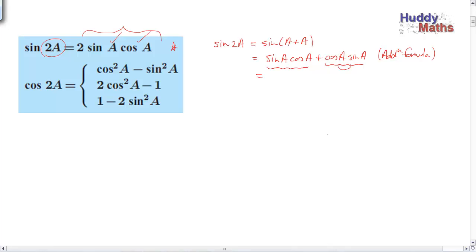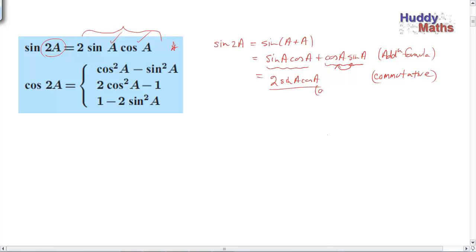Multiplication is commutative, remember. It doesn't matter which way around these two go. Multiplication is independent of the order in which you multiply things. It's commutative. Have you seen that word before? I hope you have. Commutative. Multiplication is commutative. So here we've got 2 lots of sine a cos a, and we have done it.